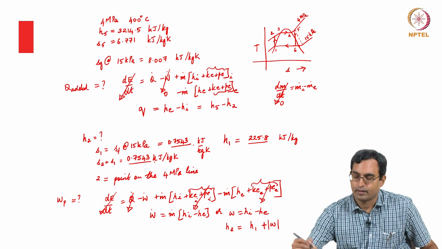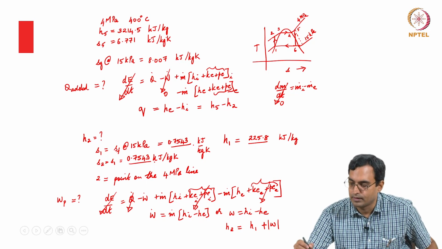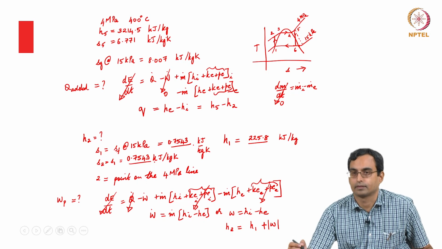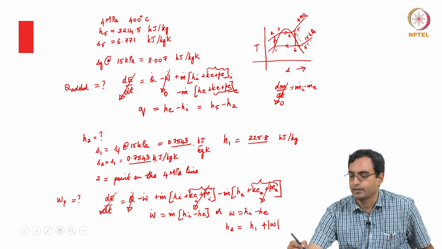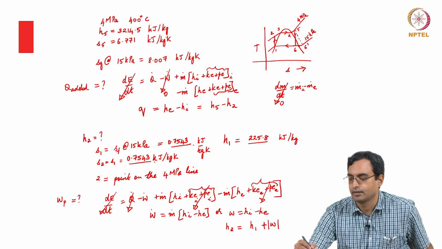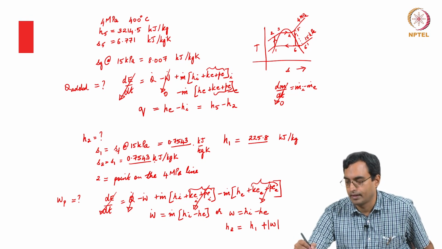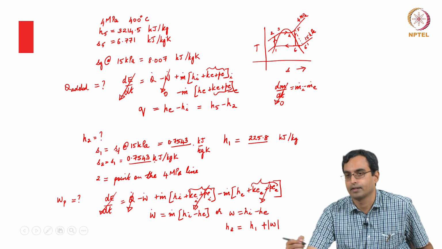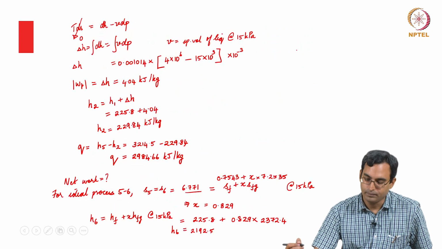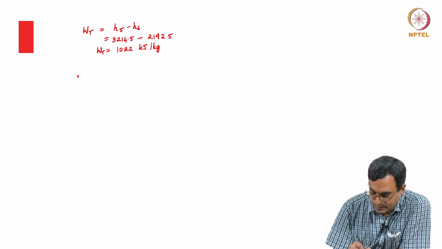But right now I am not going to do that, but I will need to find out how much is the work. So, if I call this 6 prime, the isentropic efficiency is defined as H5 minus H6 prime divided by H5 minus H6. So, what I am given is that this is 90%.